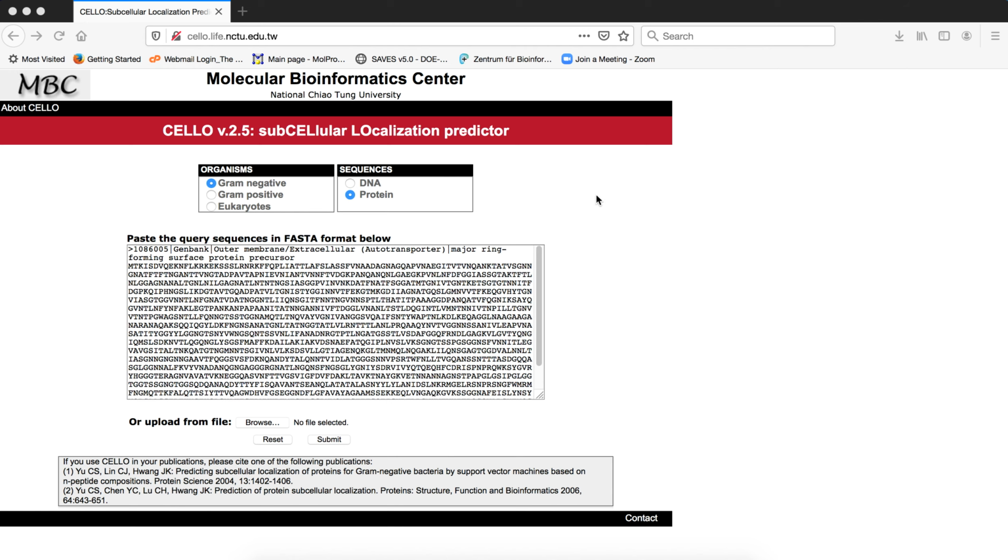Now remember, from the predictions of CDD as well as from InterPro, we were able to understand that most of the sequence that we are using as our test sequence is of eukaryotic origin.